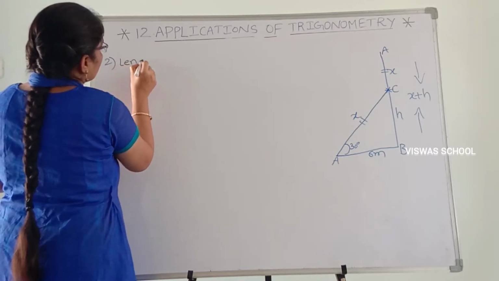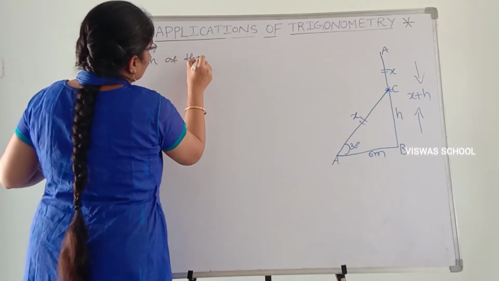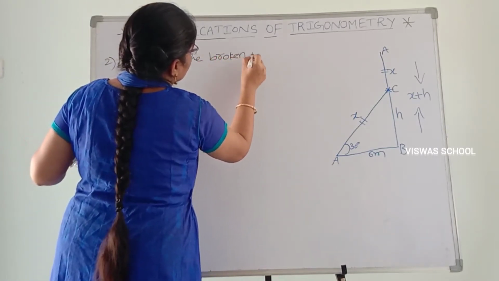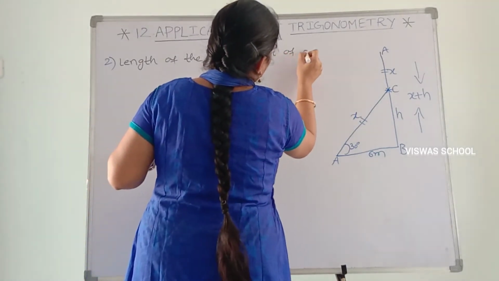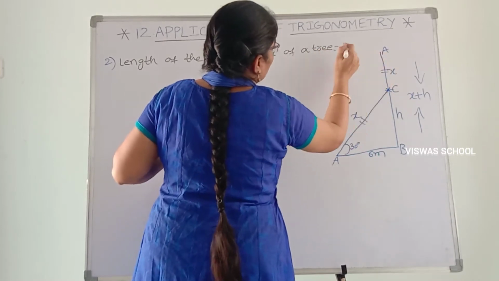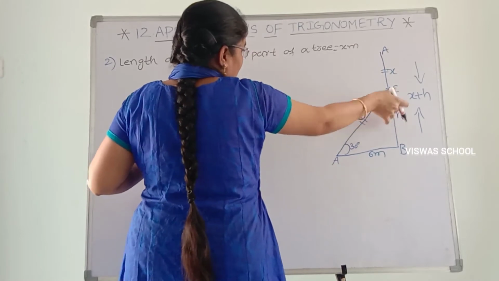Length of the broken part of a tree. This is the broken part. That's why I am taking this as X meters. And this is the remaining part.